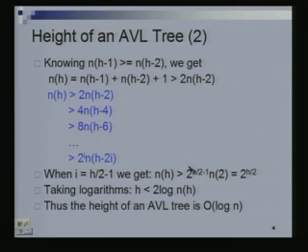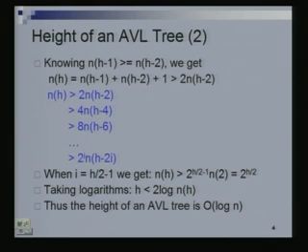Is there something you did not follow? Are you confused about this n of h? Right. So this is what we argued after taking logarithms. Now, let me take a tree of height h and n nodes. So n is going to be larger than n of h, because n of h is the minimum number of nodes that are possible in a tree of height h.